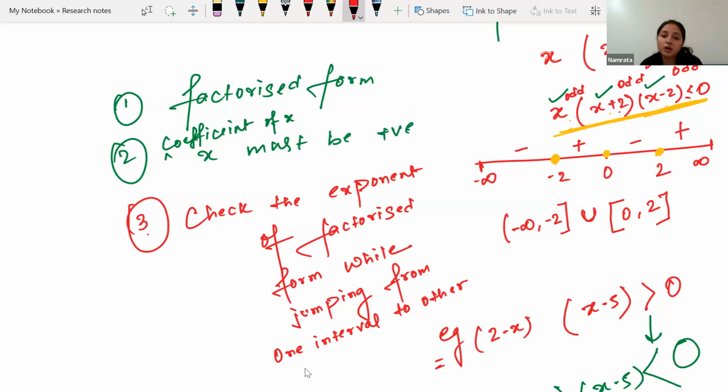Be careful with the hollow and solid circle. If there is equality sign, we need to take those points.